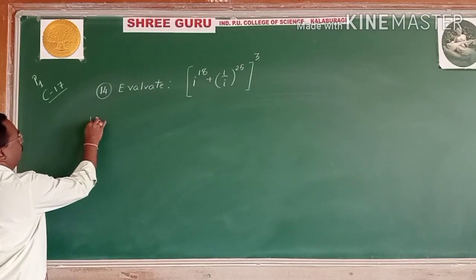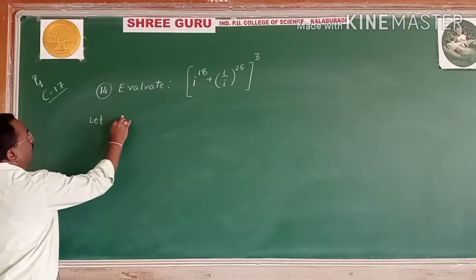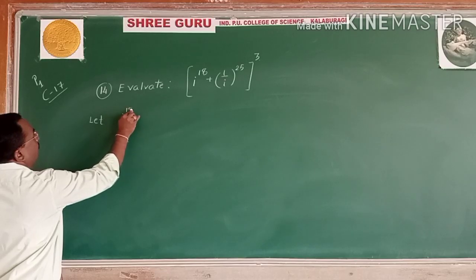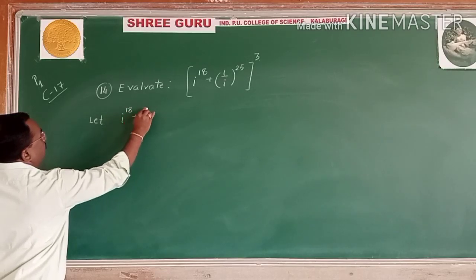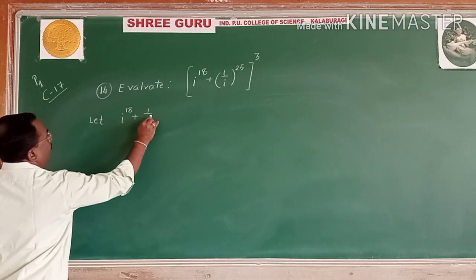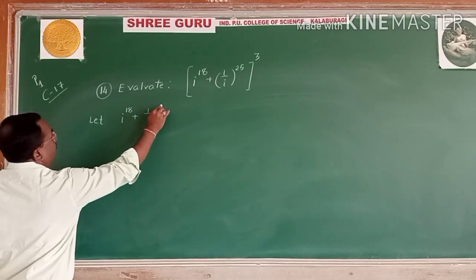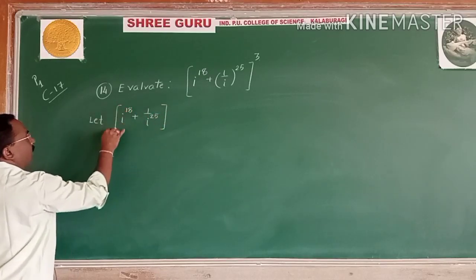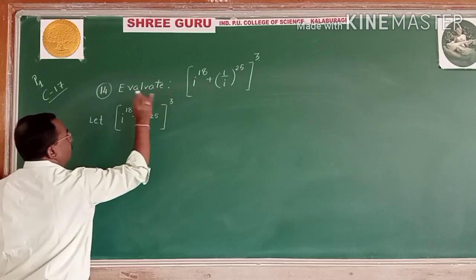Let i power 18 plus 1 by i power 25. 1 power 25 is 1. Both meaning same. Whole power 3 is there.